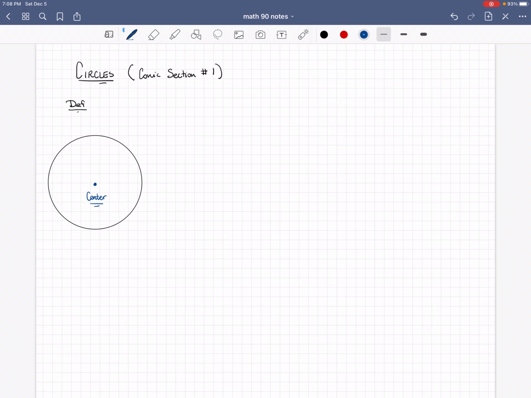So a circle is the collection of all of the points that are equidistant from a single point called the center.